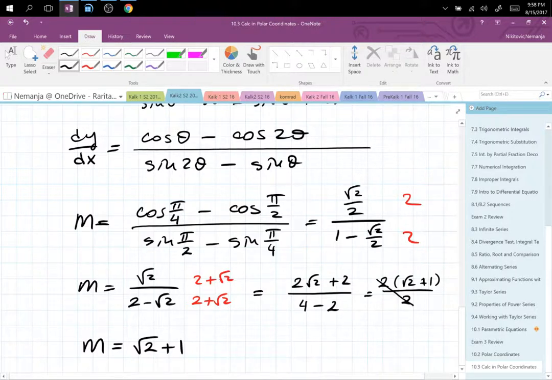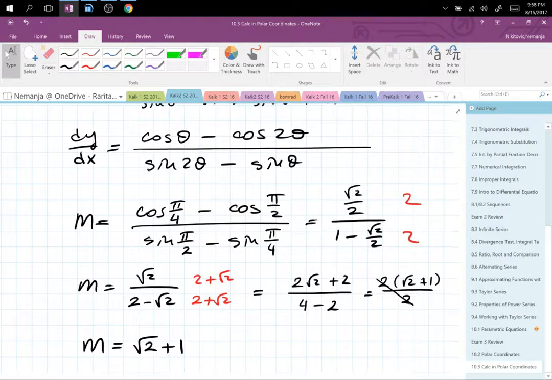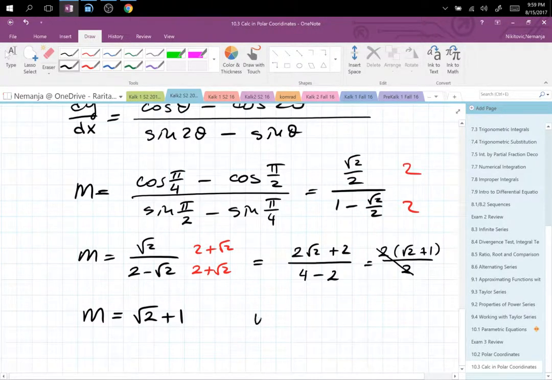So now what you have is the slope for your tangent line. You need your x, you need your y, and you are on your way, right? So what do you have? You have theta is pi over 4, and you have r is 1 minus cosine theta.